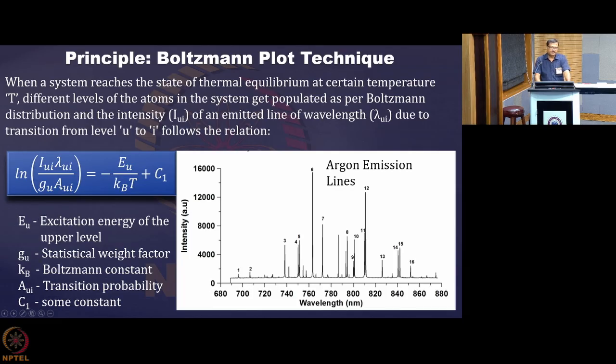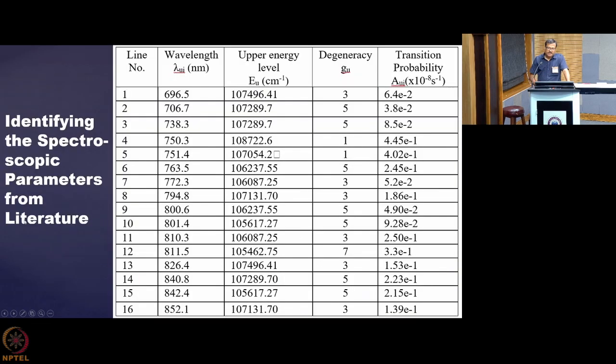This y depends on the intensity you measured using your spectrometer, and C1 is not defined, so we should find a way to eliminate the effect of C1. We can find the slope, and from that slope we get the 1 by kT value, and therefore the temperature. So for every transition line this equation can be set, and the parameters you require you can get from the database.